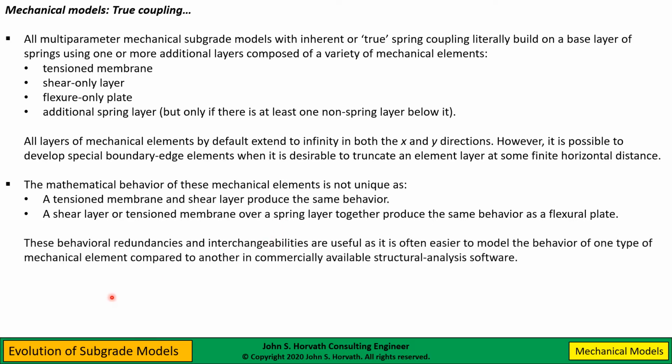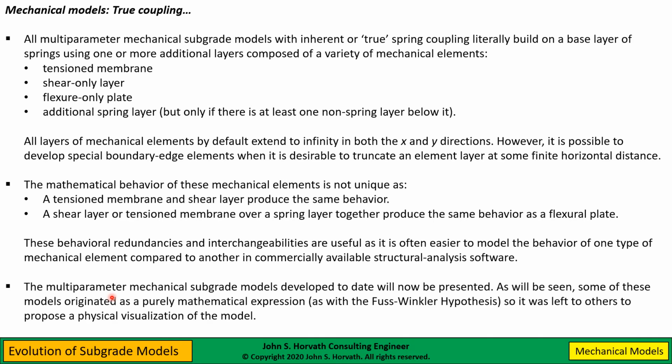I point this out because when you're playing around with building subgrade models, as I have over the last several decades, you find that there are certain mechanical elements that are easier to program in structural analysis software. For example, a tension membrane is much easier to program than a shear-only layer. So, you know, it's useful to use some of these redundancies to kind of tinker with the model that you input.